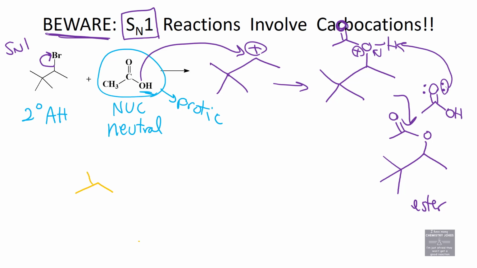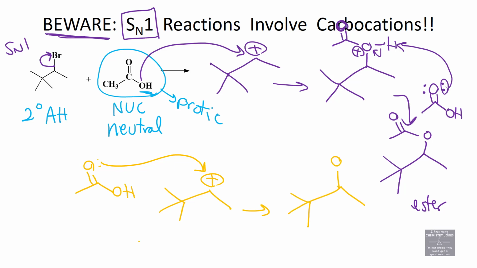If I draw it in orange, I'm going to attack my carbocation with my top oxygen this time. I get this O with a plus, and then my acetic acid comes to clean up again.